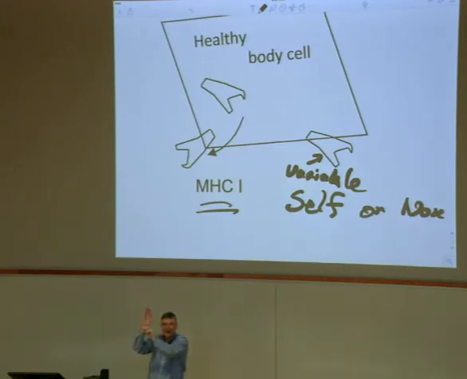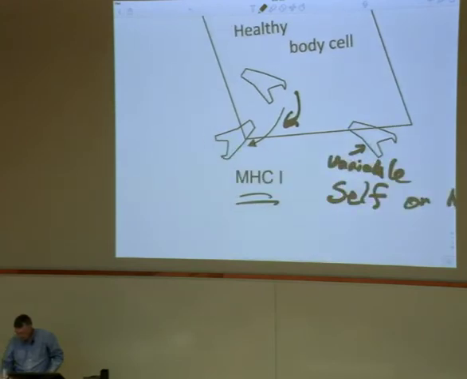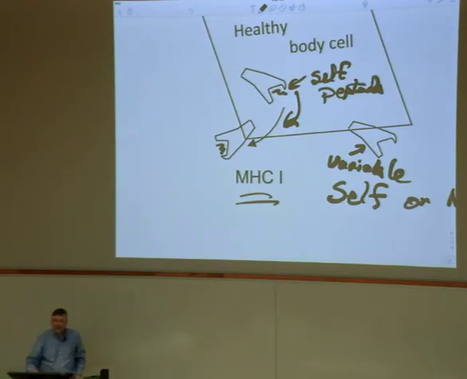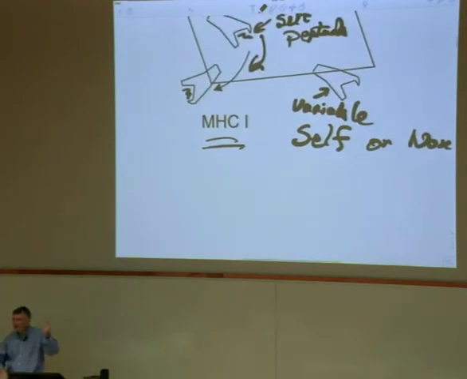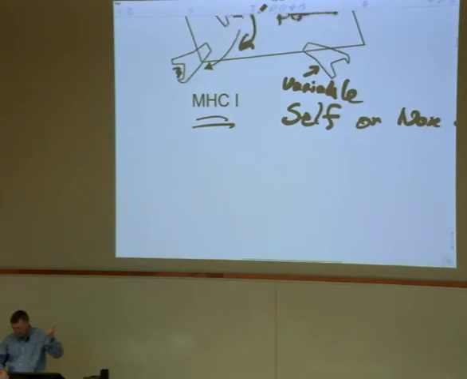These MHC class 1 molecules are then moved out to the surface, and in a healthy body cell they have only self peptides. For a reason we'll come back to, that means your immune system cells won't bind to them. They ignore them. So this says self cell, healthy: only have inside me what I should have inside me.